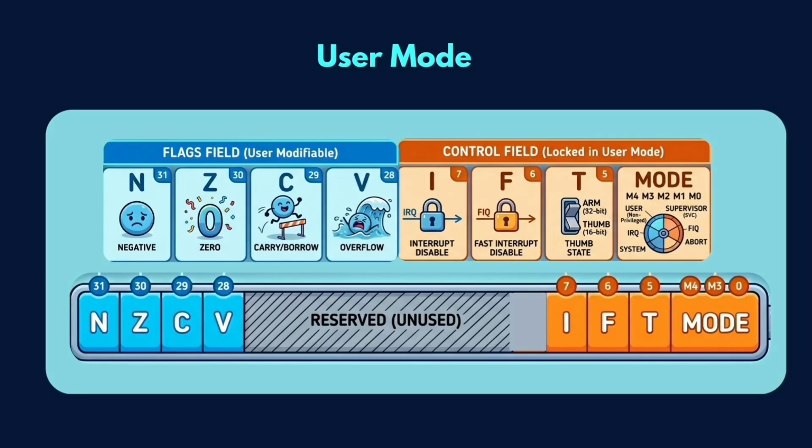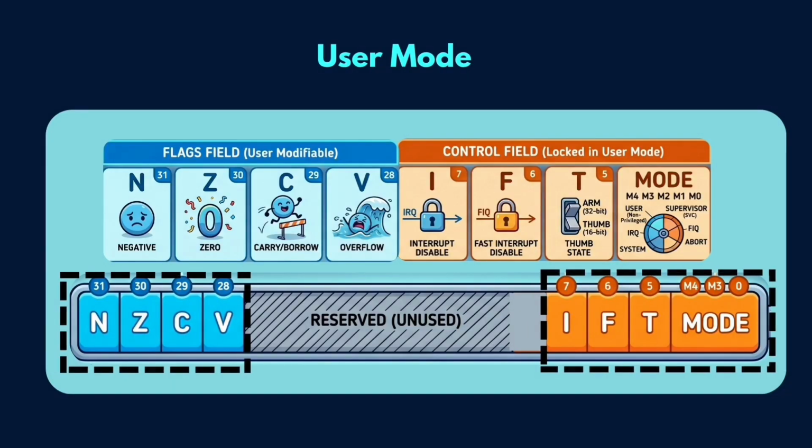One thing you should note here is that user mode can read CPSR and can update conditional flags, that is the N, Z, C and V flags, only through normal instructions, but cannot directly modify CPSR control bits such as the T bit, interrupt bits or mode bits. While any of those privileged modes can read and write both CPSR conditional flags and control bits, allowing them to change execution state, interrupt settings, and processor modes.